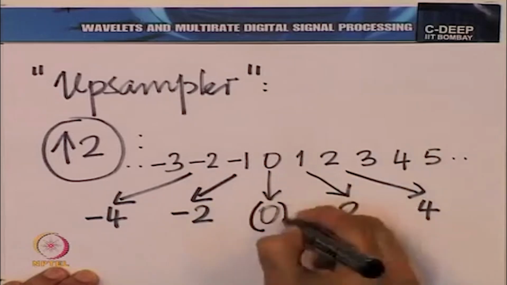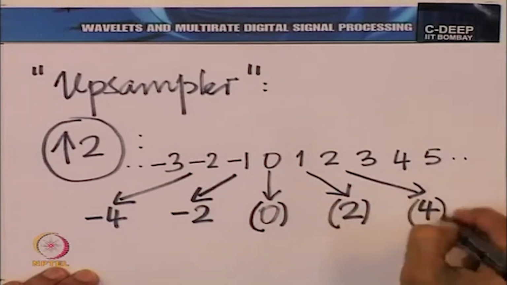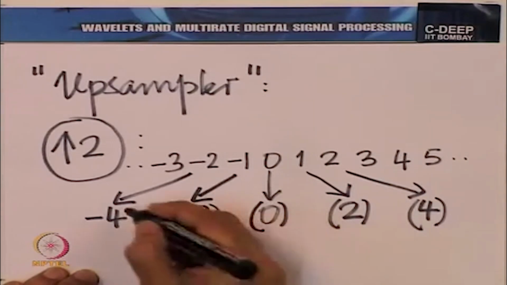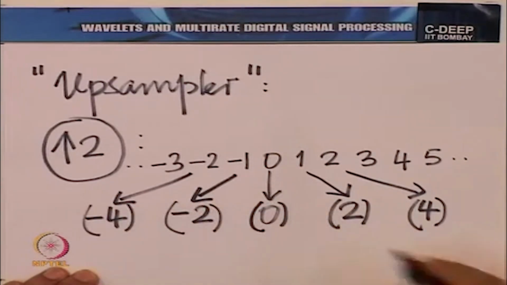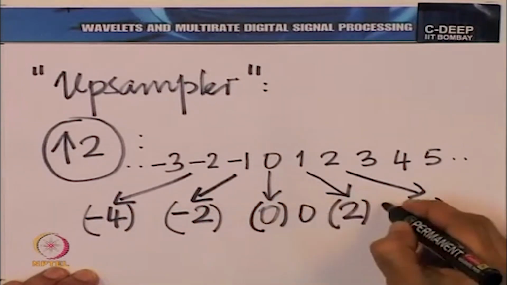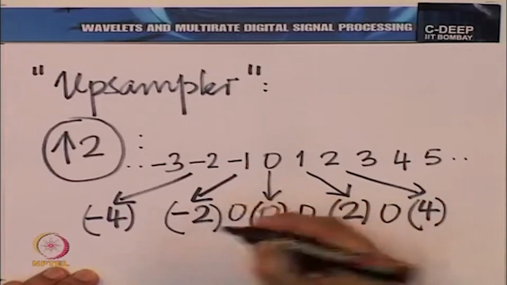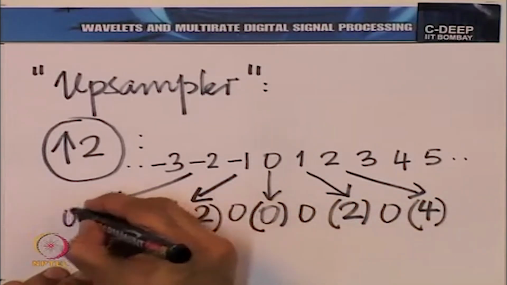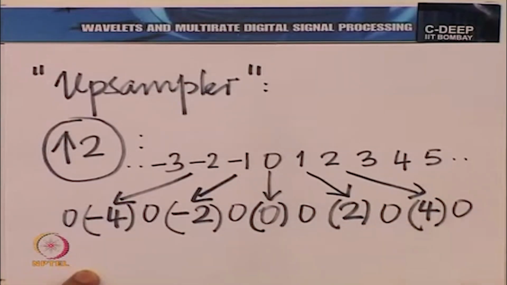So, what we will do is we will put these in brackets now, and we insert zeros in between. So, in other words, we expand in some sense.